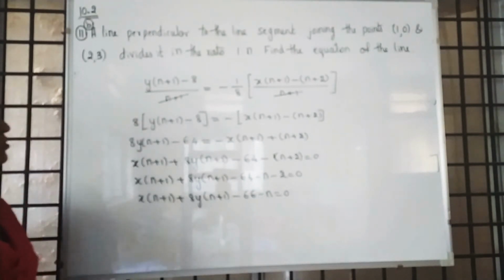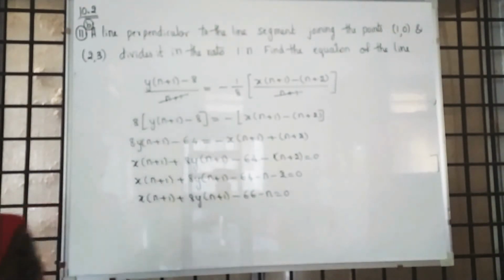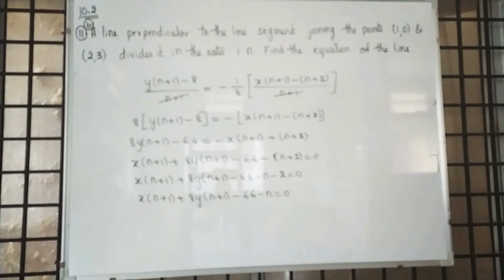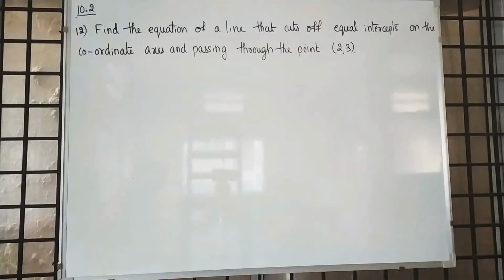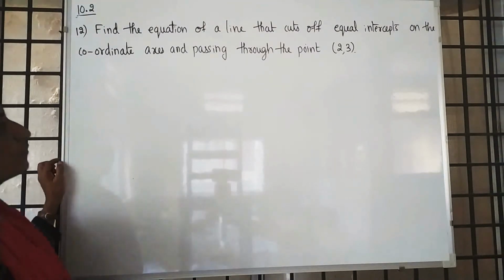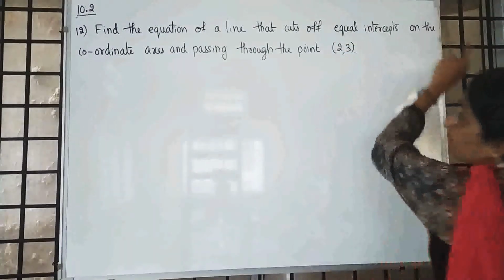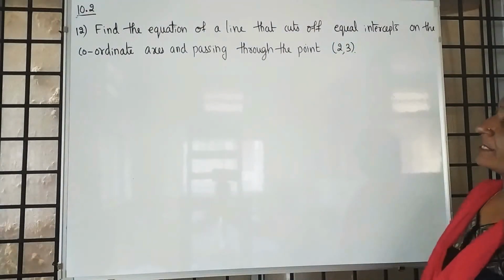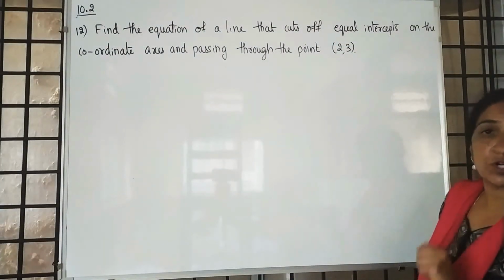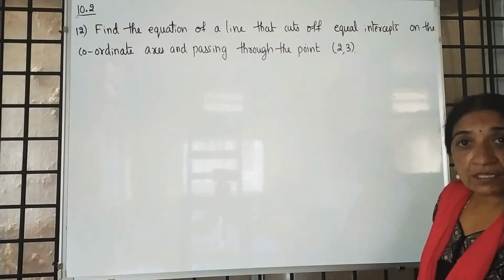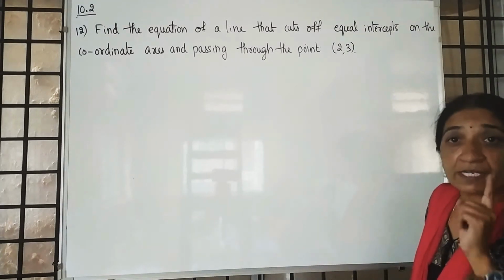Now moving to the next question, that is the 12th one. Find the equation of a line that cuts off equal intercepts on the coordinate axes and passes through the given point. That means what is given? X intercept a is equal to Y intercept b.